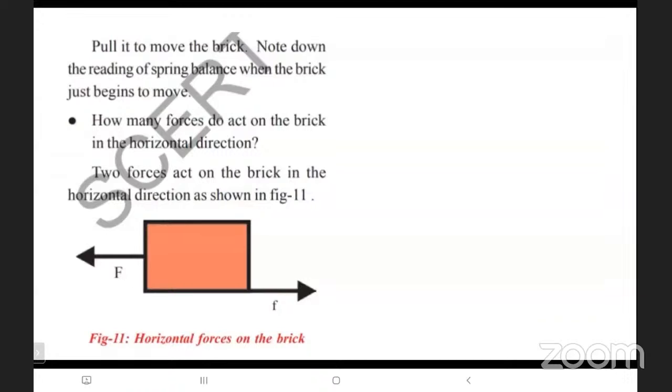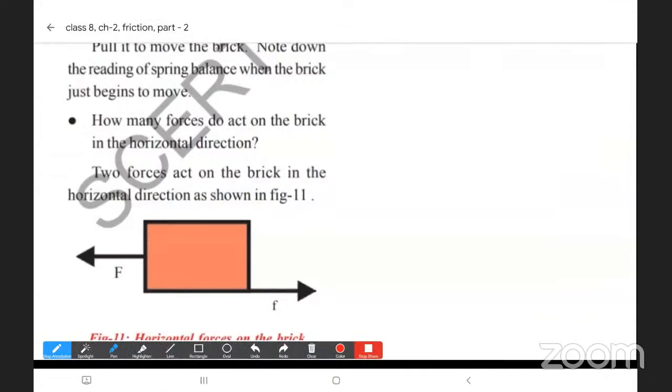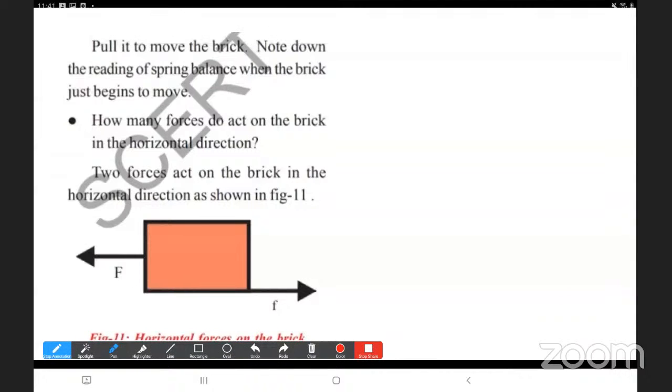Now pull to move the brick. We are pulling the spring balance to move the brick. We have to note down the reading of the spring balance when the brick just begins to move. How many forces act on the brick in the horizontal direction?